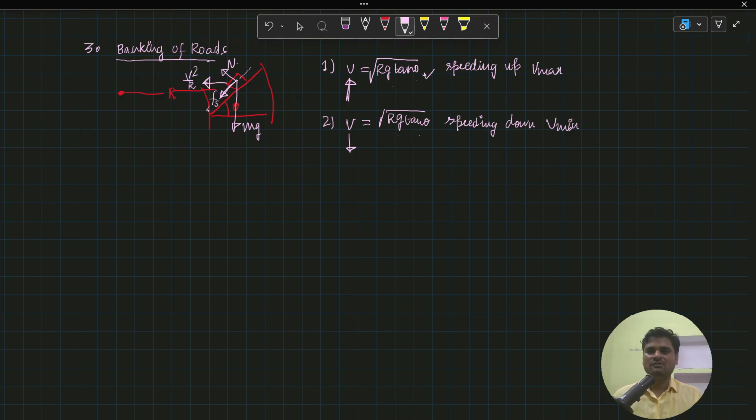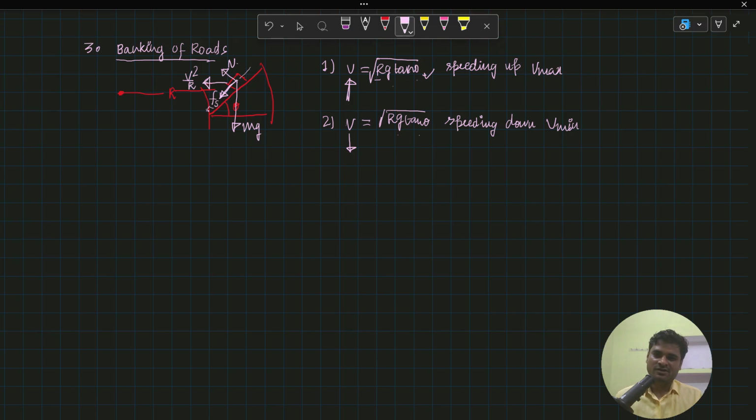But if our vehicle starts to speed up, then friction will act in the opposite direction, because once the car is speeding up, it has to go on a bigger circle, or a wider track, since only the radius can vary, and so the car will tend to go up.